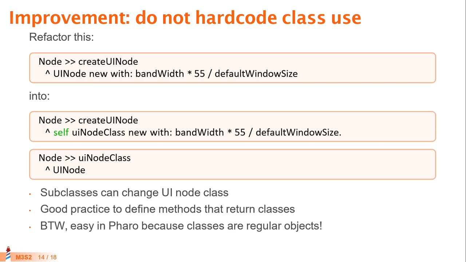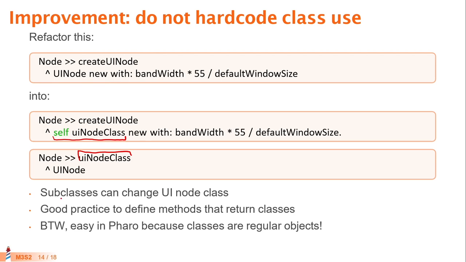But I can even do better. What I can do is isolate the name of the class in another self-send, the UINodeClass here. So it means that I can directly return the class UINode.